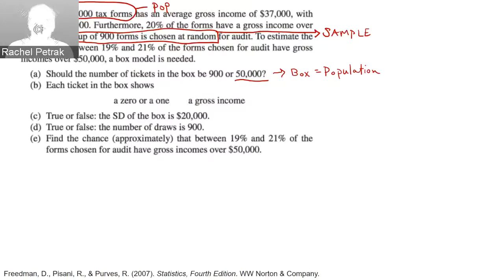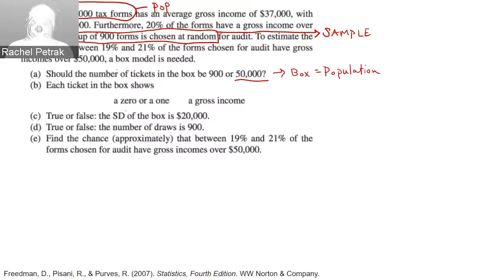Okay, let's look at the next item, B. Each ticket in the box shows a 0 or a 1 or a gross income. Well, to think through this, remember that we're looking at the chance of forms with gross incomes over 50,000.